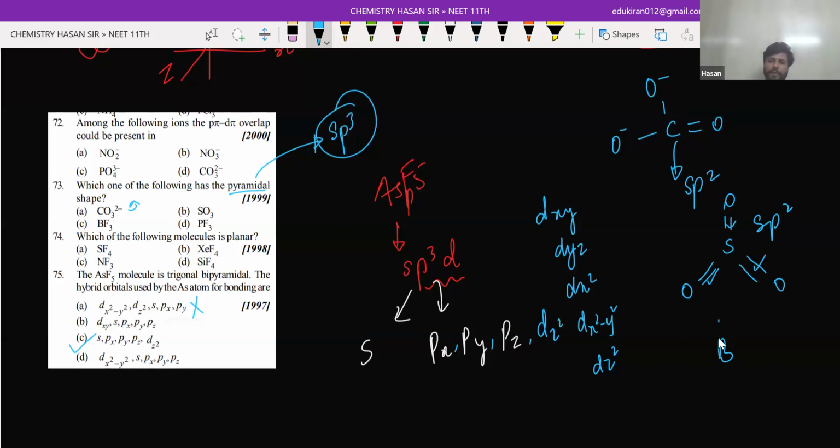For BF3, again it will be sp2, that means trigonal planar. But if you go for PF3, F will be here, F here, F here, and since it is a 15th group element, there will be a lone pair. So basically it will have a pyramidal structure. So the answer is D. Is that clear, both of you?